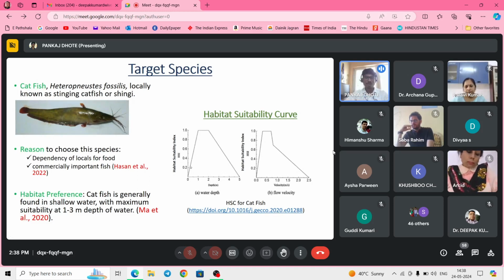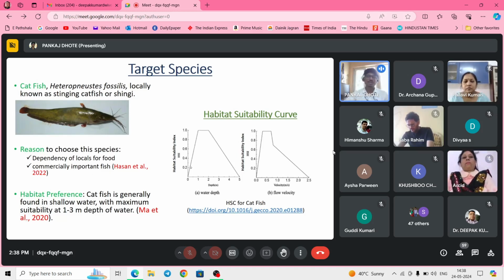If the water goes lower than this or higher than 3 meters, it is unfavorable for the catfish to stay in that river channel. Likewise, this is the requirement for different species. For this fish, the ideal situation is water between 1 and 3 meters. If it is higher or lower than that, it will not work.